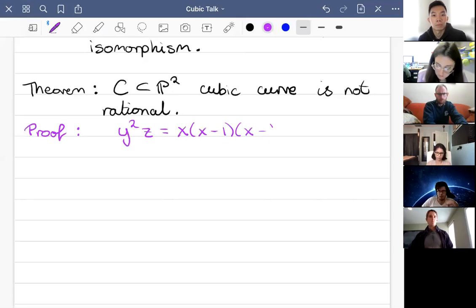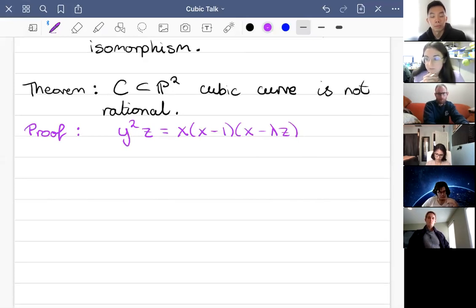Sorry, Lisa. Yeah, sure. You mean that no curve is rational, or a specific one that you're going to choose? I mean any cubic curve, so any smooth cubic curve in P2, anything given by a degree 3 polynomial. It's never rational, if it's smooth.